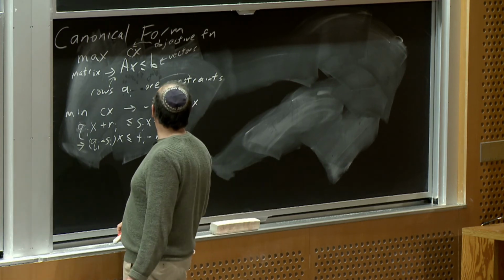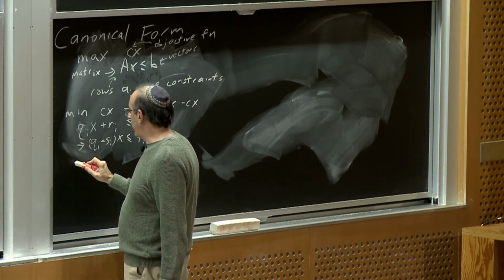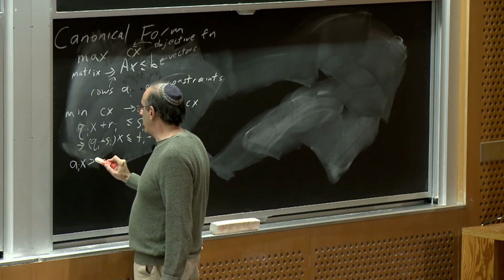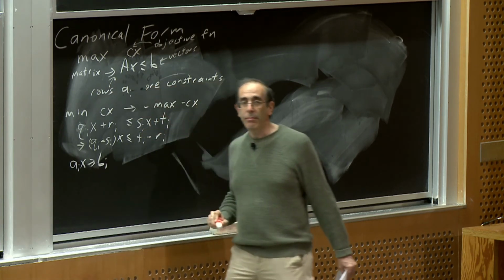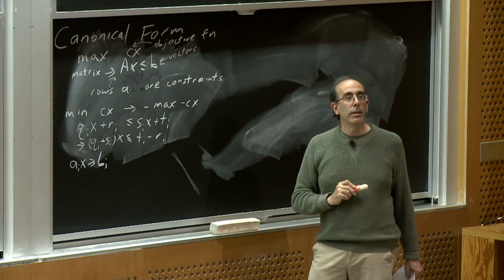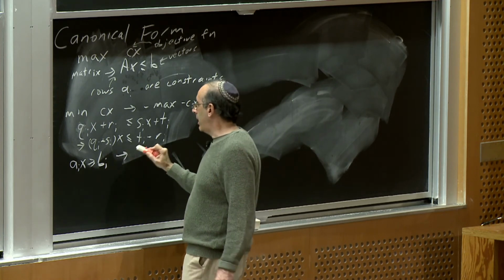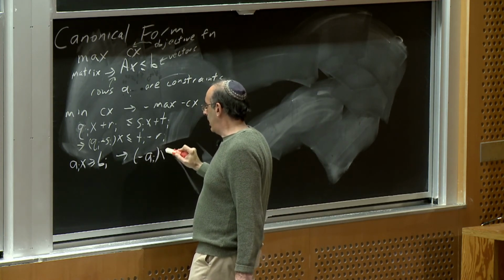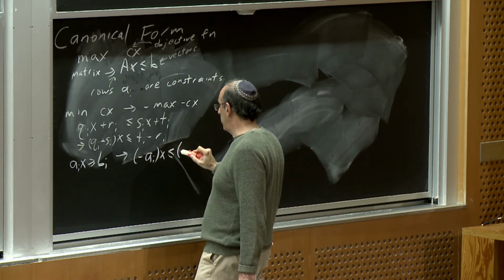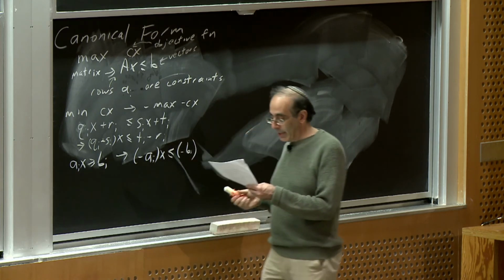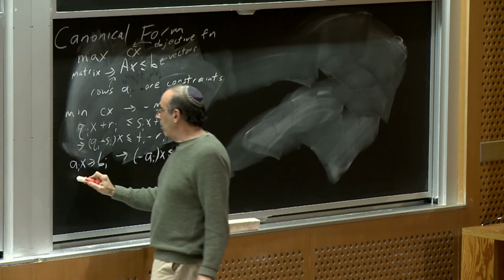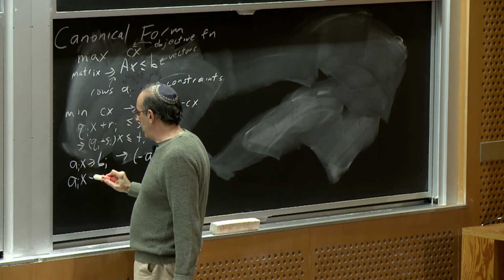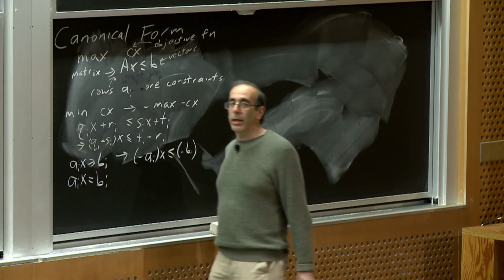What if we have some greater than or equal constraints, right? What do we do with a_i x greater than or equal to b_i? Yeah, we just say minus a_i x is less than or equal to minus b_i. That's fine too. What do we do with equality constraints?